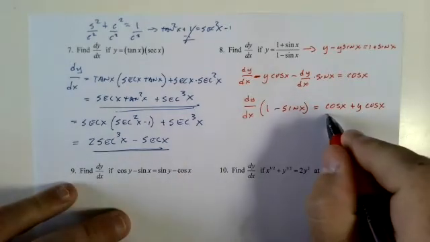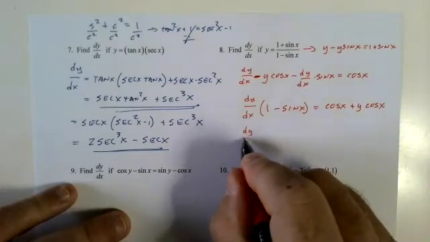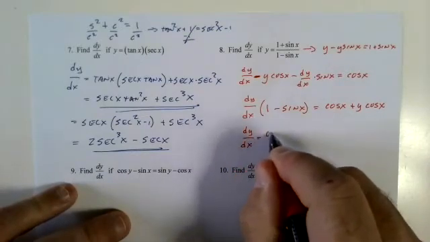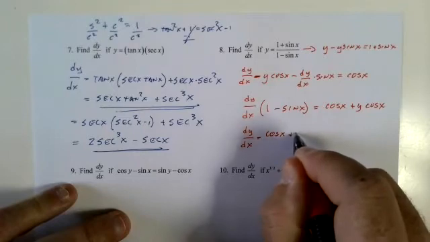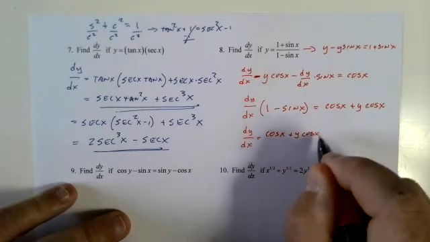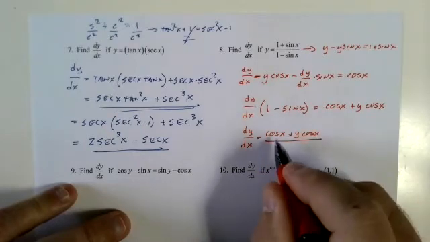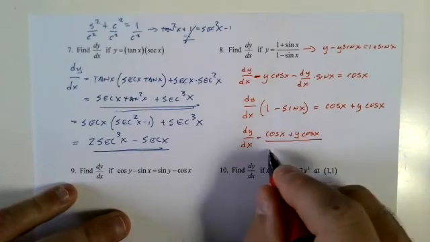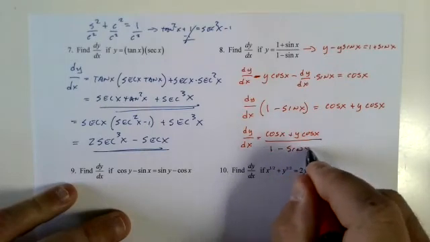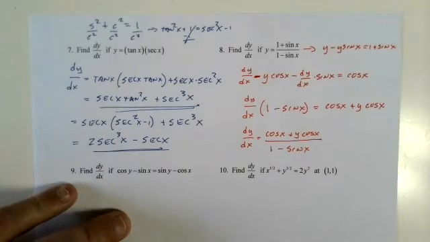Yeah, it's fine. dy/dx equals cosine x plus y cosine x over 1 minus sine x. Yeah, I could do a lot with that and see where it takes me, but there's no need.